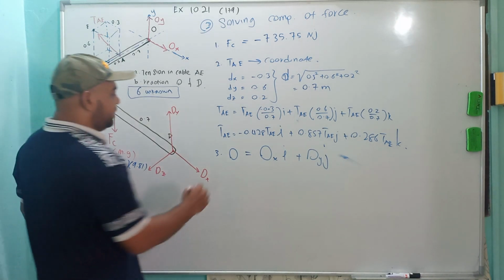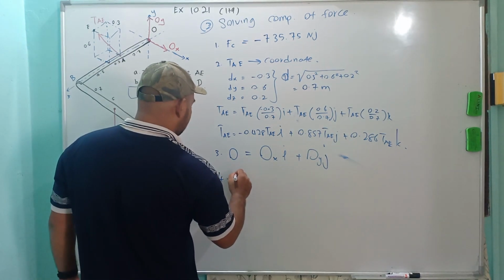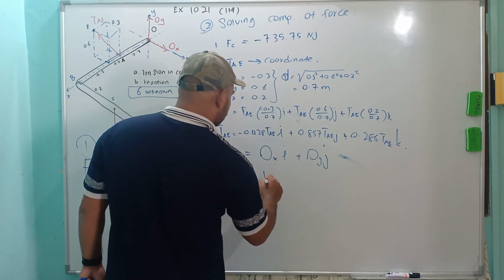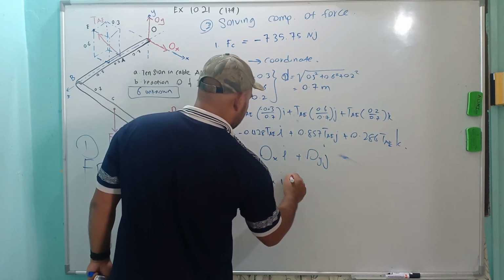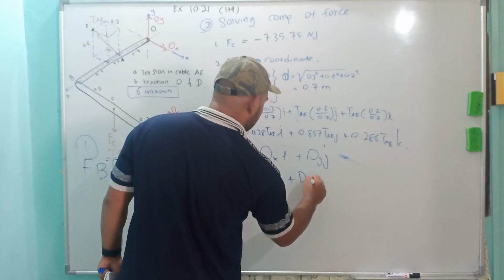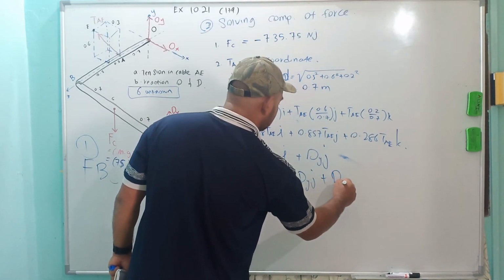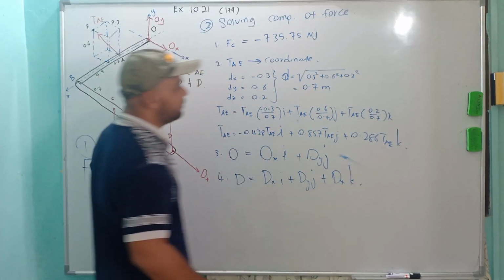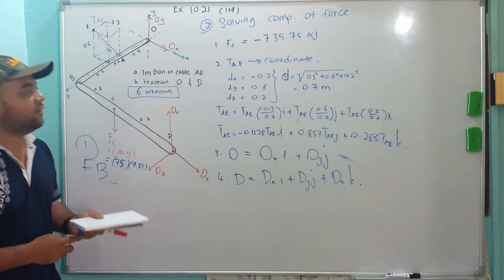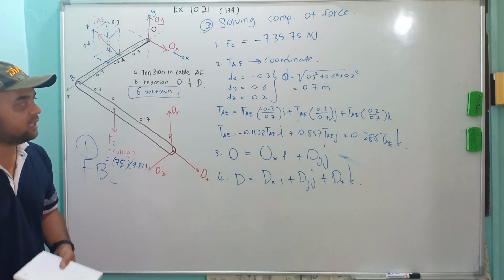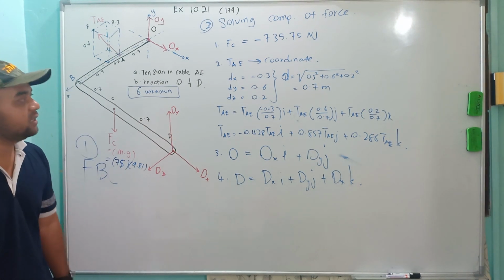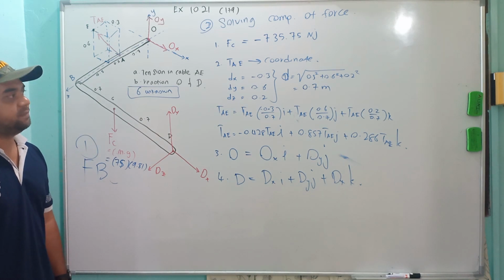And at the point D, we have D equal to dx i plus dy j plus dz k. Okay, so now we have all the forces in terms of i, j, and k.